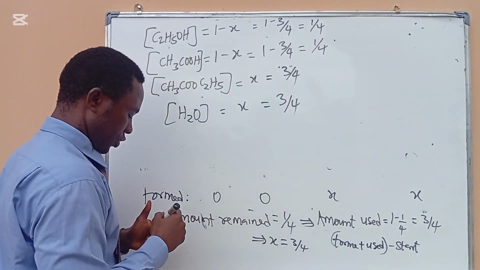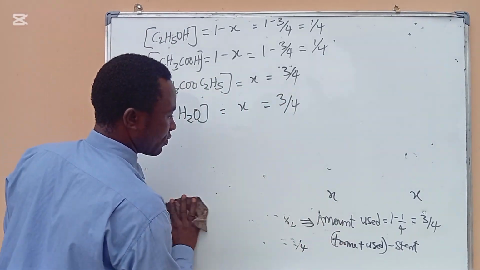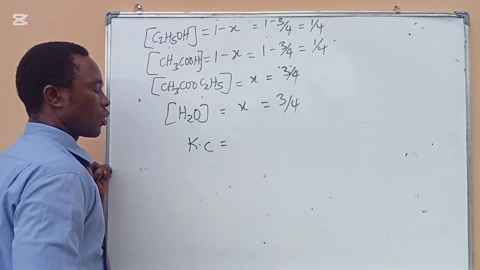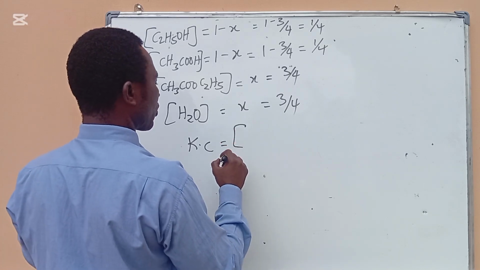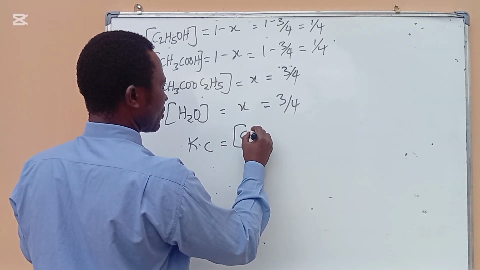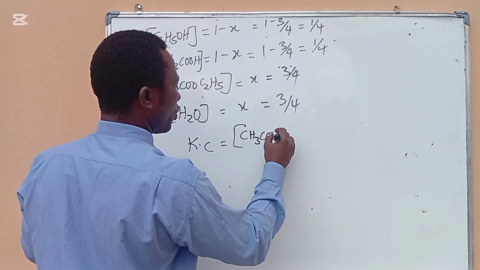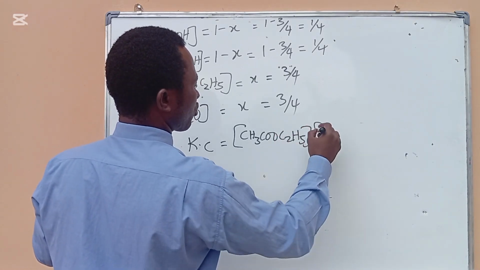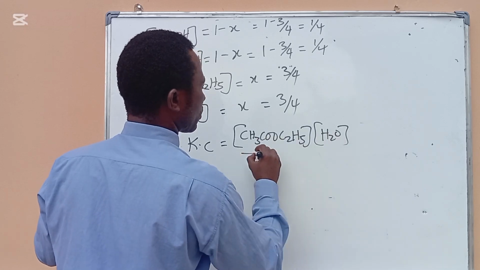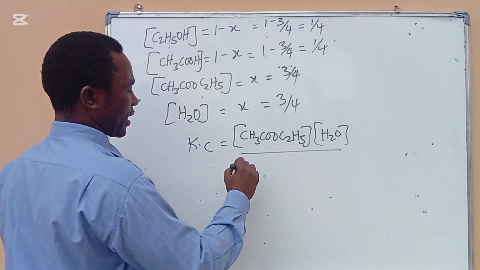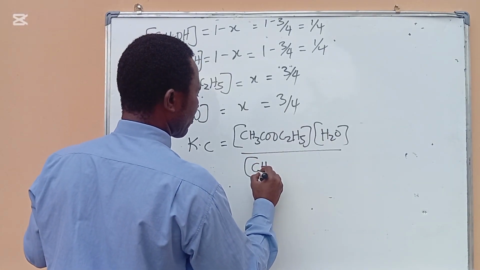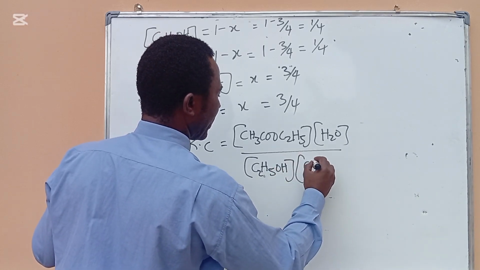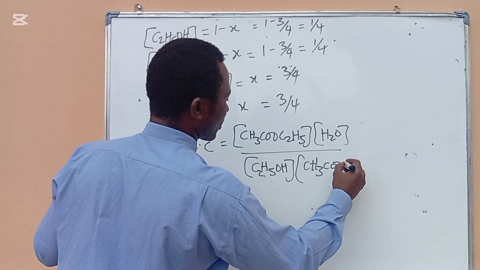So in general, we can see that the equilibrium constant Kc will be equal to the concentration of the products, CH3COOC2H5 multiplied by the concentration of water, divided by the concentration of the reactants, the ethanol concentration multiplied by the ethanoic acid concentration.